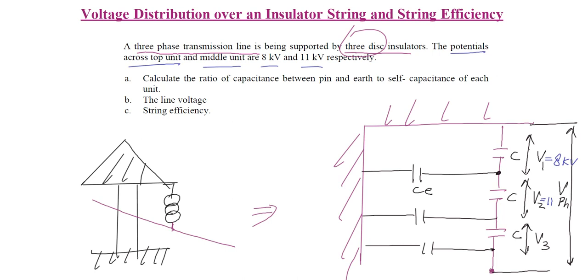And in the first part, we need to calculate the ratio of capacitance between pin and earth, which is CE, and self-capacitance of each unit, which means we need to calculate the ratio K equals CE over C.